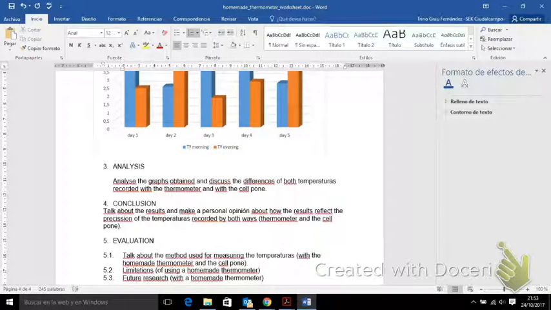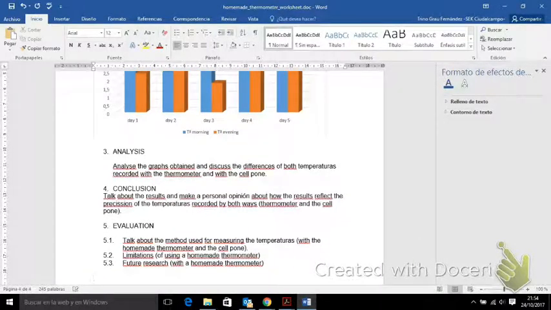For example, as I said in the classroom, you could plan an experiment of measuring the temperature for a whole year using a thermometer and see how precise the thermometer is.